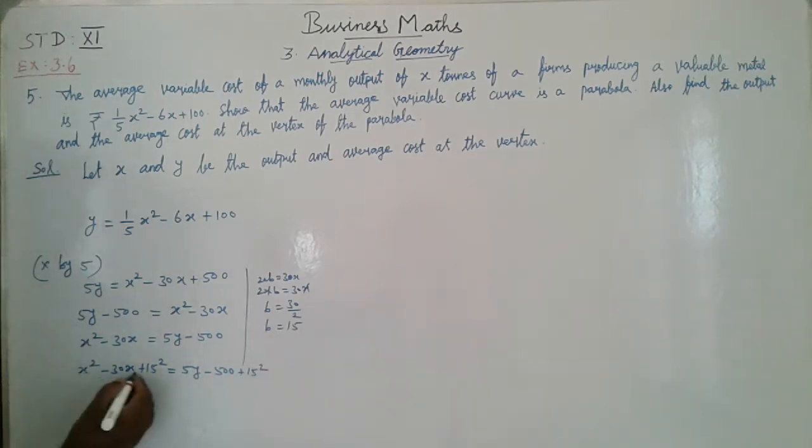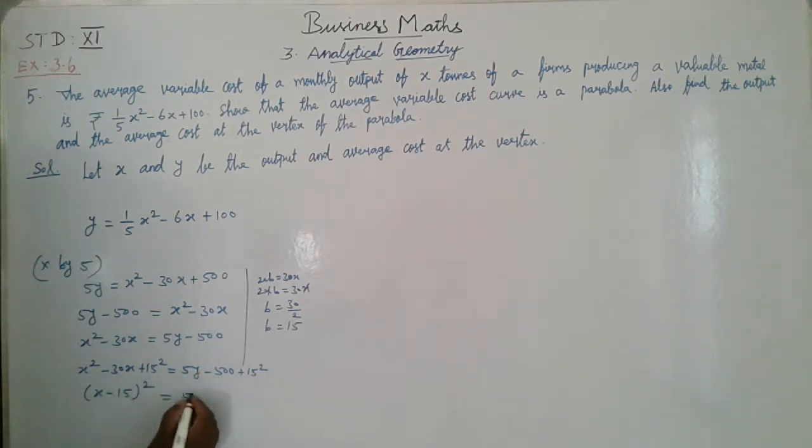It is the form a square minus 2ab plus b square, where a is x and b is 15. So (a minus b) whole square: (x minus 15) whole square equal to 5y minus 500 plus 15 square, which is 225.